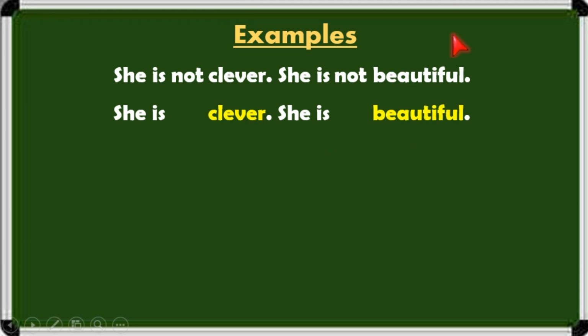Okay, then write the word neither just before the first identified word. So what is the first identified word? Clever. So you write neither just before clever. Then write the related word nor just before the second identified word, beautiful.